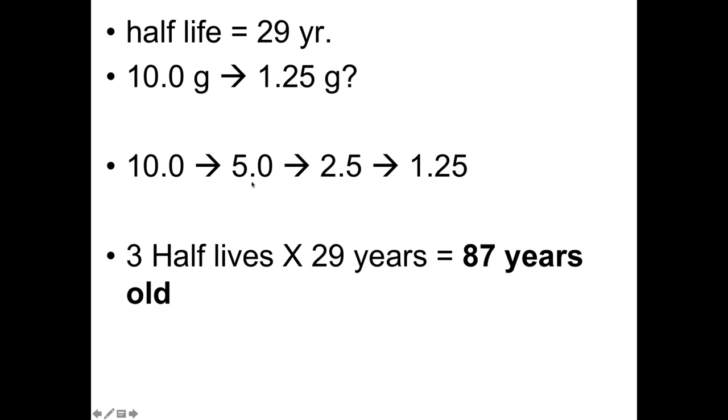For this one here, I go from 5 to 2.5, also half, and then half of 2.5 is 1.25. So when I add the number of half-lives, 10 to 5 is 1, 5 to 2.5 is another 1 for a total of 2, and 2.5 to 1.25 is another 1 for a total of 3. So because we have 3 half-lives, and each half-life is 29 years for this particular element, that means that the fossil is 87 years old.